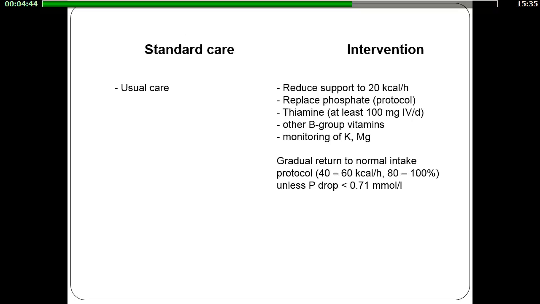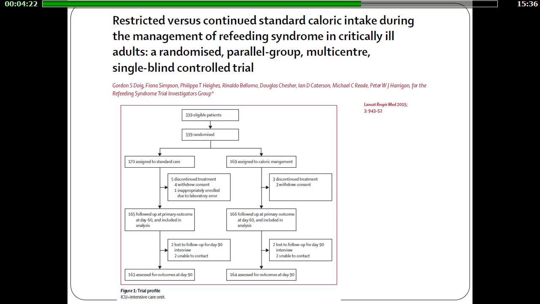This is related to the issue of refeeding syndrome, and they considered that having a low phosphate or a decrease in phosphate while initiating nutrition was a warning sign for refeeding syndrome. So they randomized the patients, 339 patients, into two groups. I'm sure that Michael will show this data again.